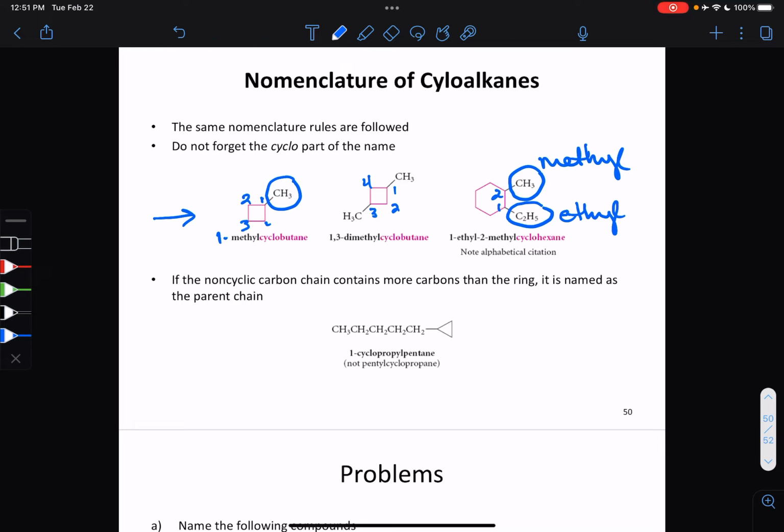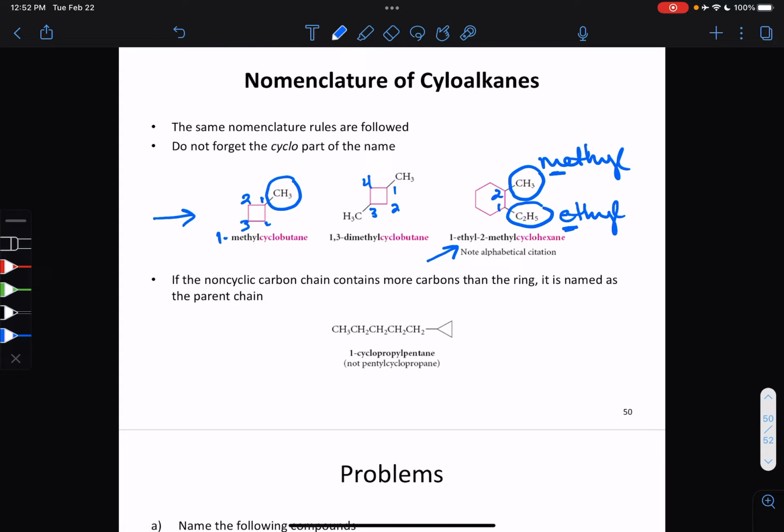So either way, we have a branch off of carbon 1 and a branch off of carbon 2. And IUPAC says if you have the choice, you're going to give the lower number to the branch whose name comes first in the alphabet. So we have E versus M. We're going to give the number 1 to ethyl and the number 2 to methyl. And you can see that right here. So we have 1-ethyl-2-methyl cyclohexane.